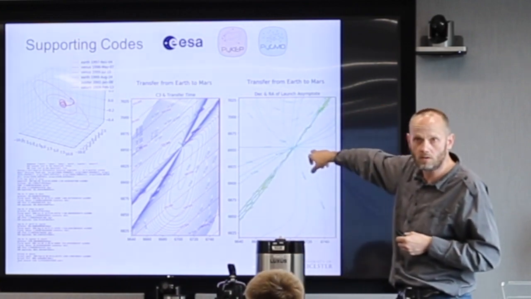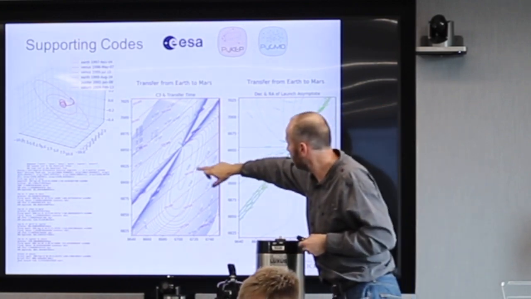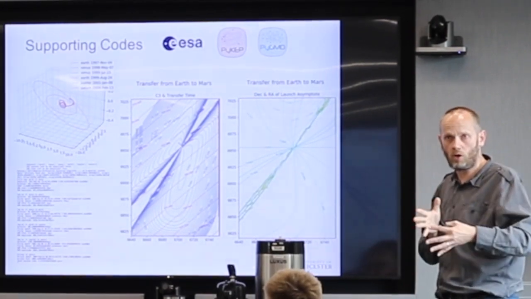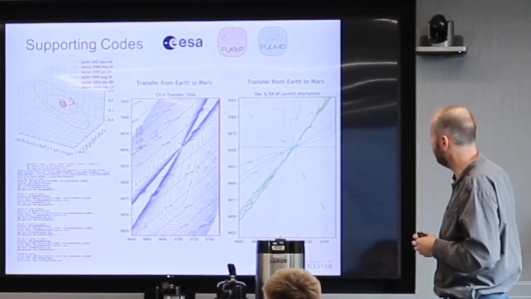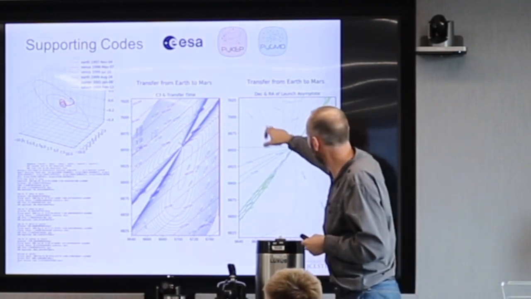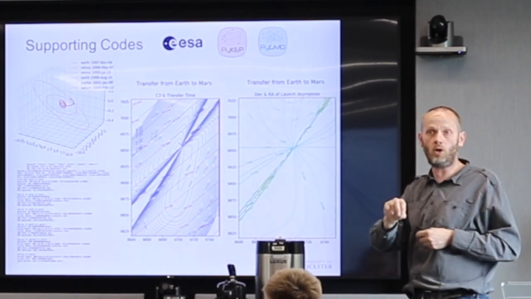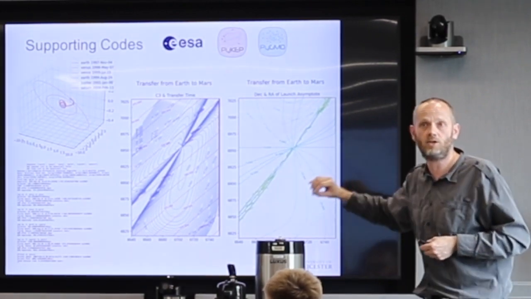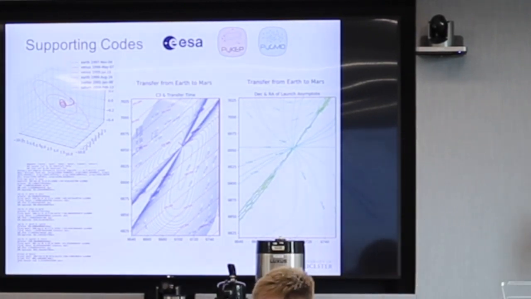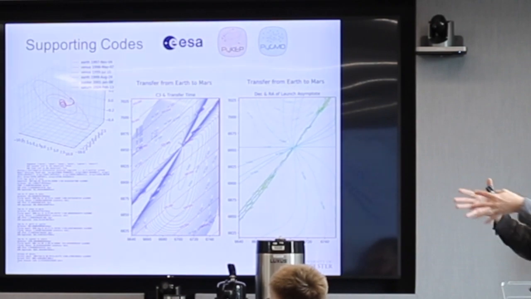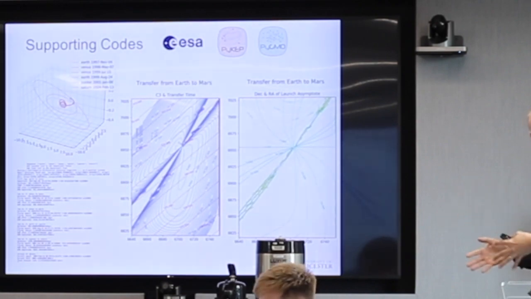So these are pork chop plots. We can use these to identify launch windows constrained by the energetics of the launch vehicle, for example. We can output right ascension and declination of launch asymptotes, and we can use those as initial starting conditions in GMAT. So PICAP and PIGMO provide us with inputs to GMAT, which can then be used to model gravity assist encounters.